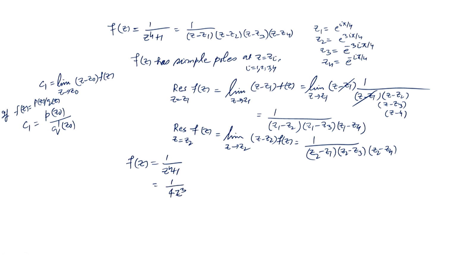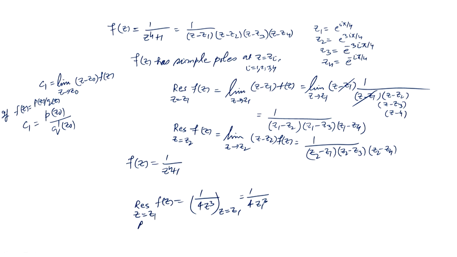And so the residue at z = z1 of f(z) will be 1 over the derivative of the denominator, that is 4z^3, and you put z = z1 and you get 1 over 4z1^3.